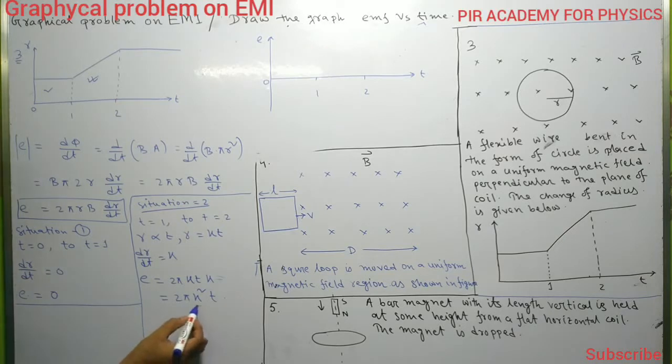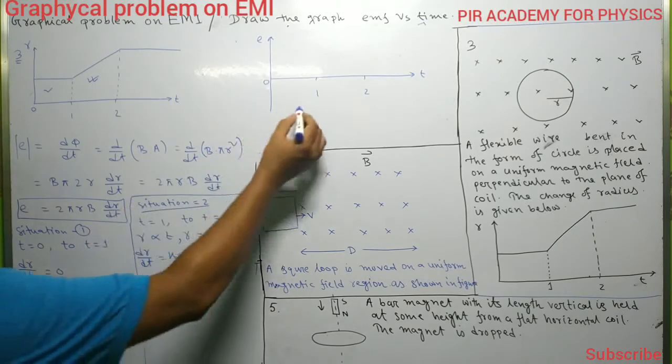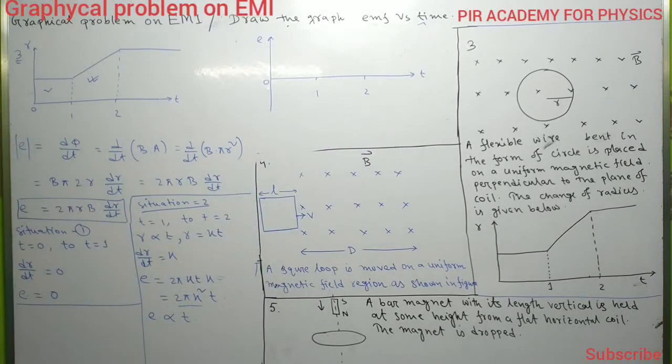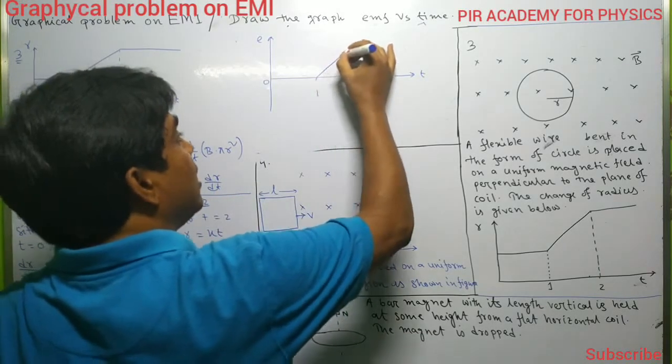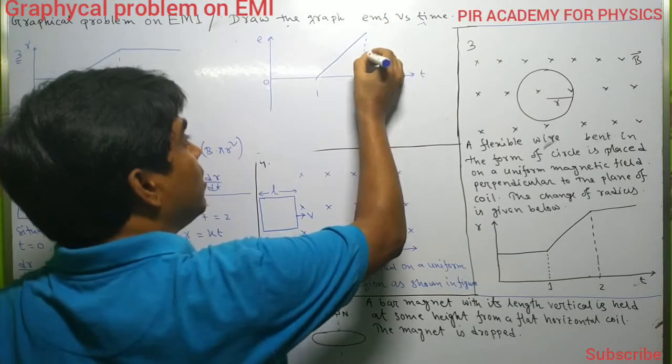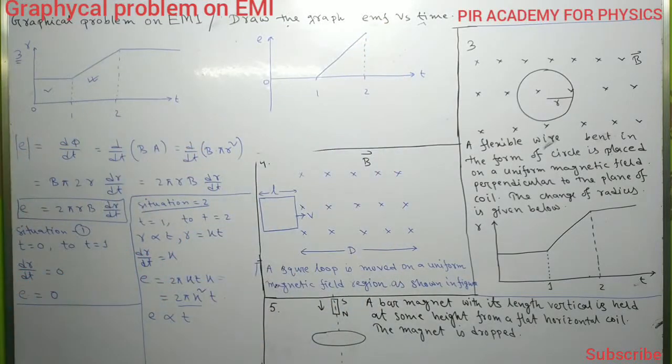This is a constant value, that means E is proportional to t. So for 1 to 2 seconds, the induced EMF will increase linearly with time. That means it will be in this way, for 1 to 2 seconds.